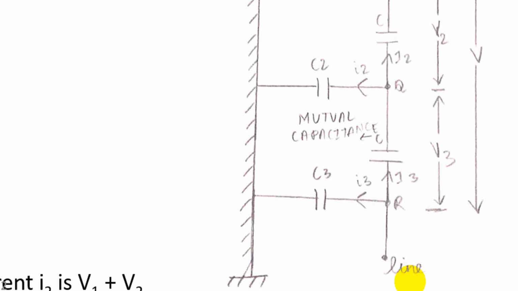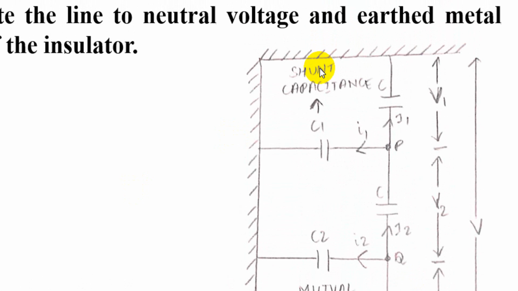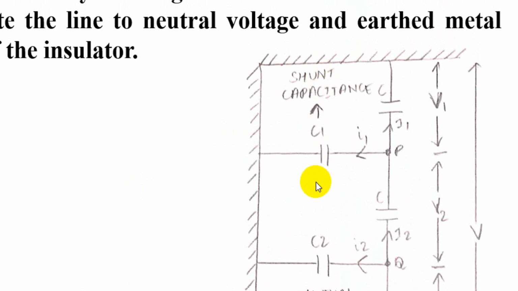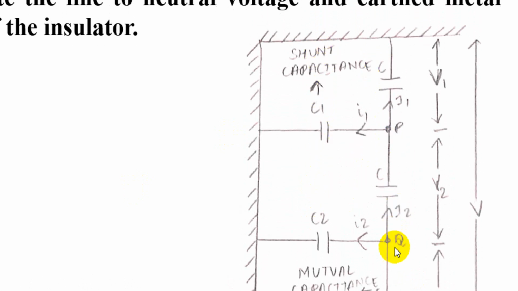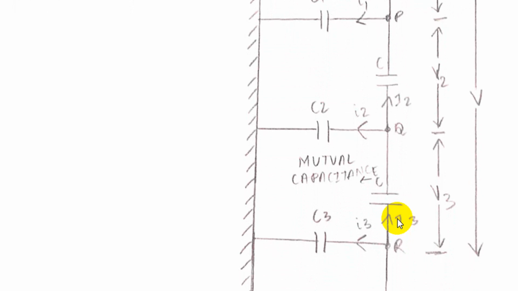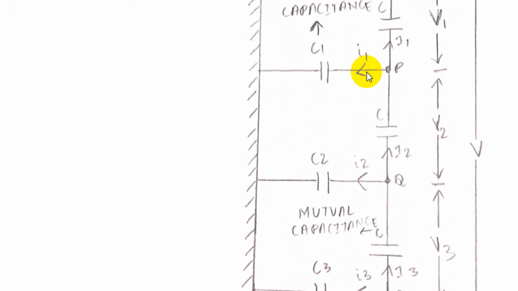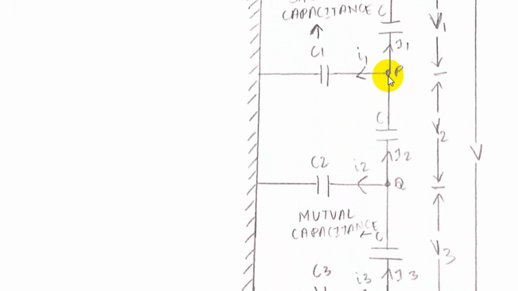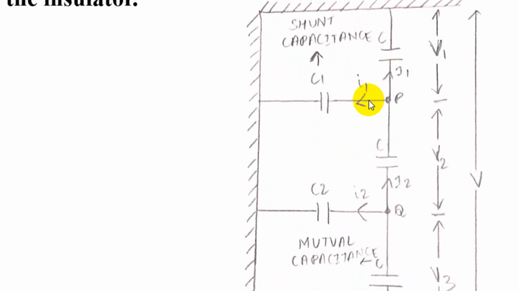If you see the right side here, you can see the arrangement. The shunt capacitance is placed here and the mutual capacitances are placed here. They are represented by C and as C1, C2, C3. We have the incoming current and outgoing currents. At node P, I2 is the incoming current and capital I1 and small i1 are the outgoing currents.